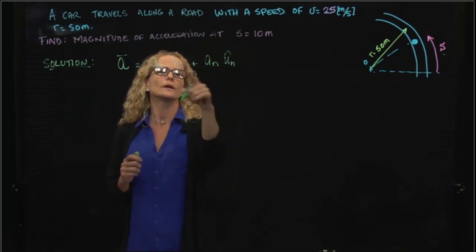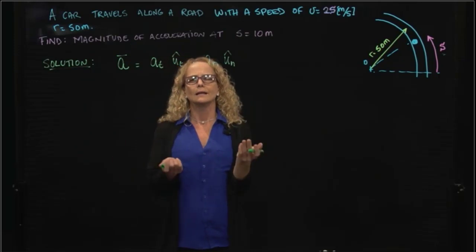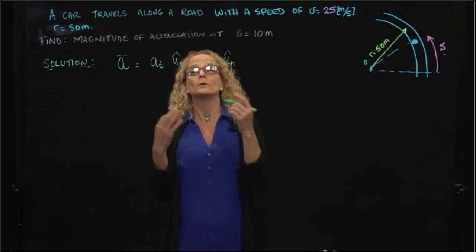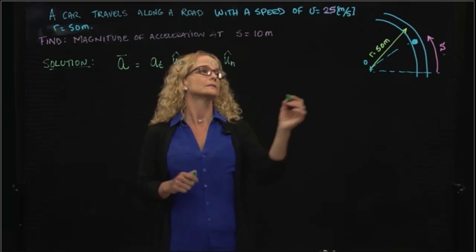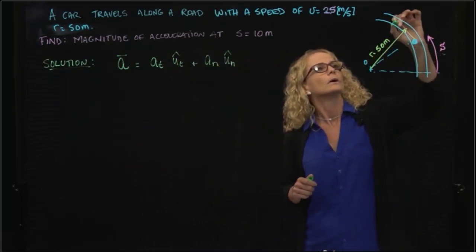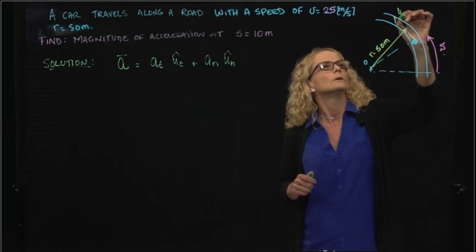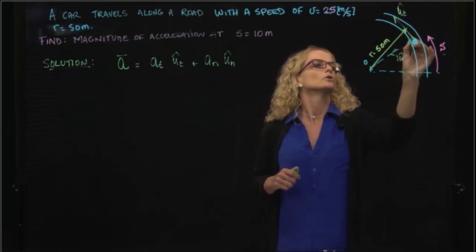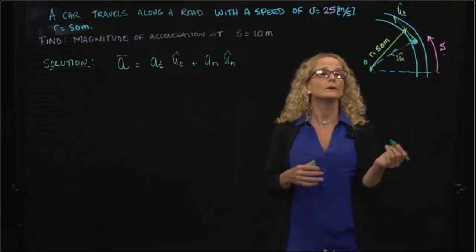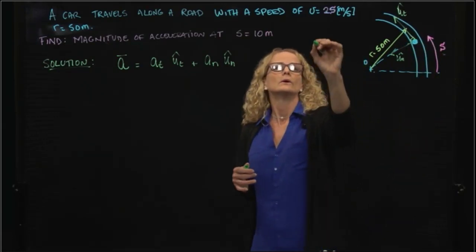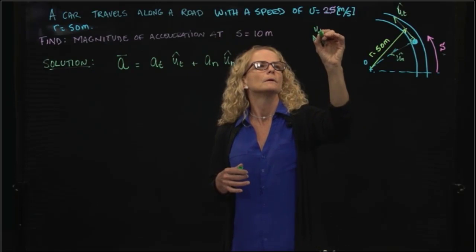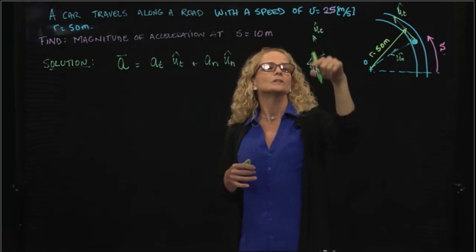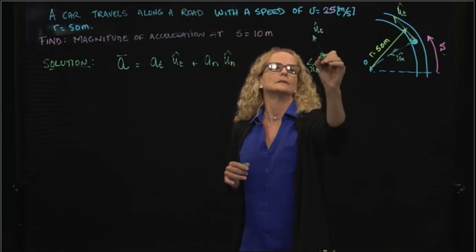I just call those vectors the unit vectors in the tangential direction and in the normal direction. So if we want to draw those coordinate systems, we have to draw a tangential direction and a normal direction. Those two are perpendicular and represent our coordinate system, which is the tangential-normal system.